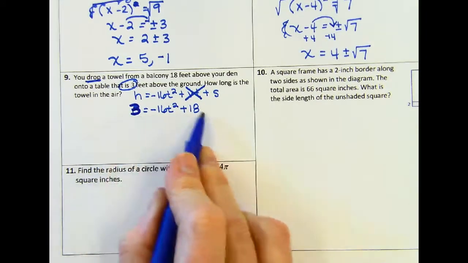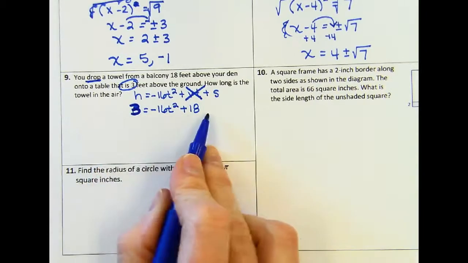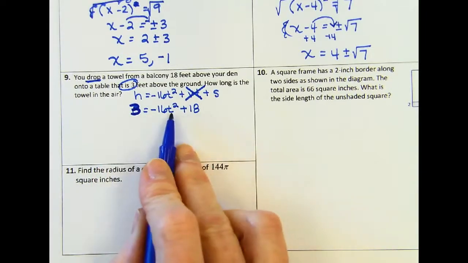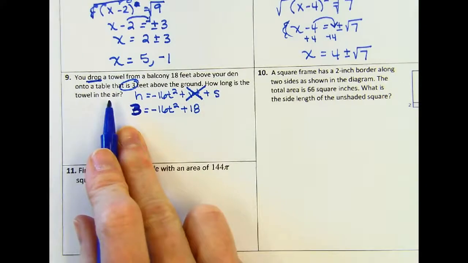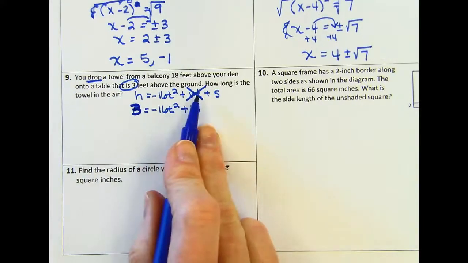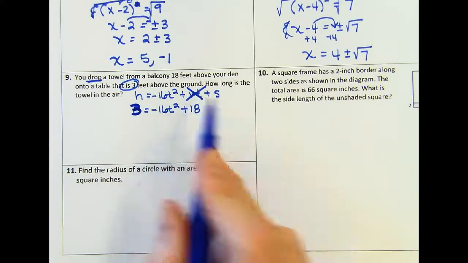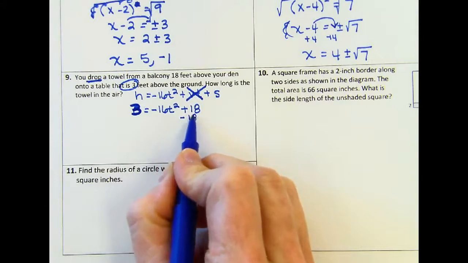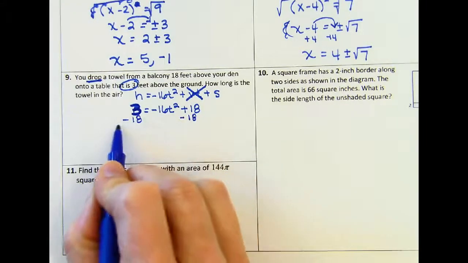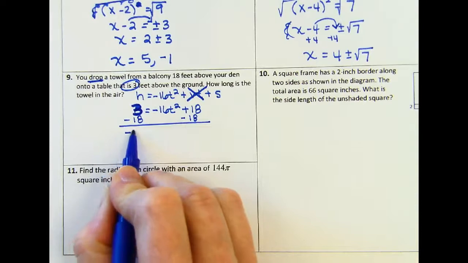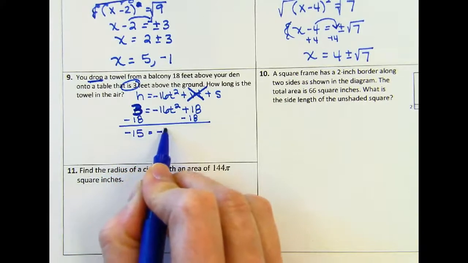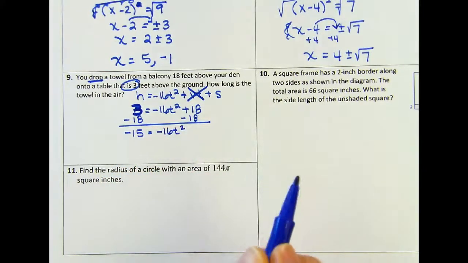So if you look at what we have on our hands, we have an equation. We're solving for t, how long is the towel in the air, and I do not have a velocity. So now I can simply subtract the 18 from the 3, and I get a negative 15 equals a negative 16t squared.